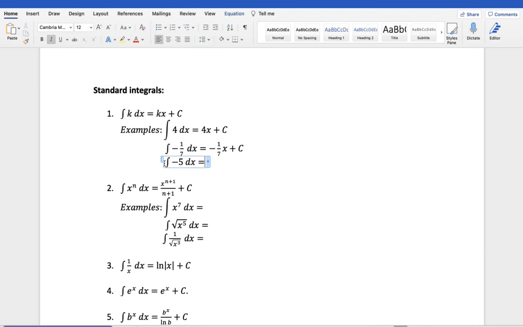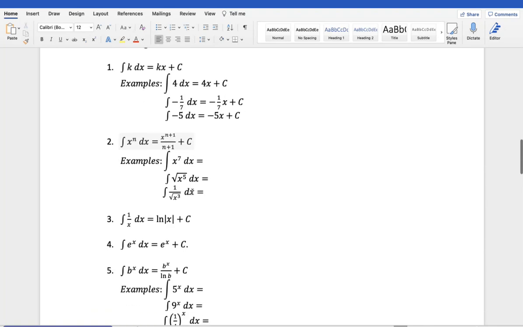Once again, it's the same for -5. The integral of -5 will just be -5x plus c, right? So this is a pretty straightforward rule. You must have seen it before, so it's quite simple, right?